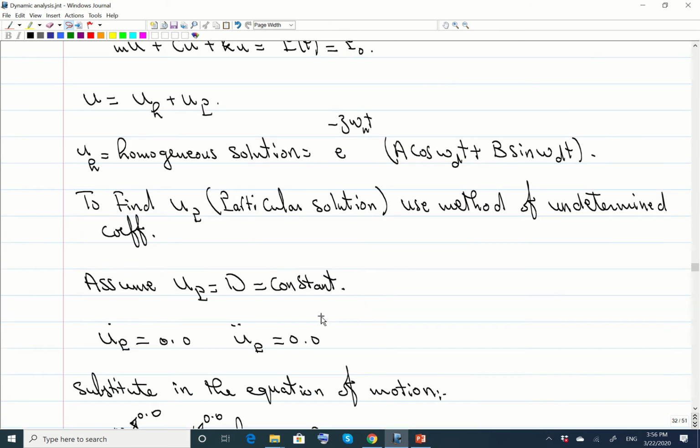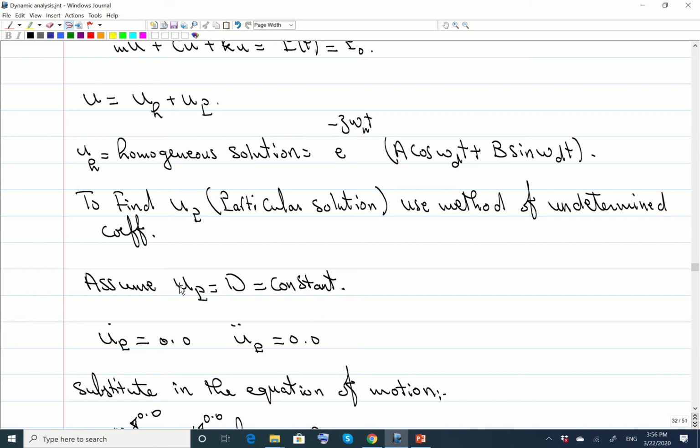If the particular u is a constant d, differentiating with respect to time gives 0. So u p dot is 0, and u p double dot is 0.